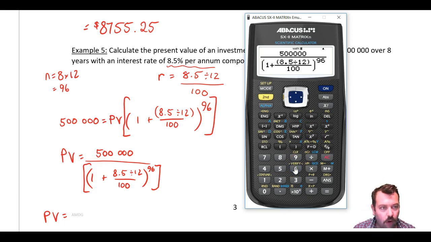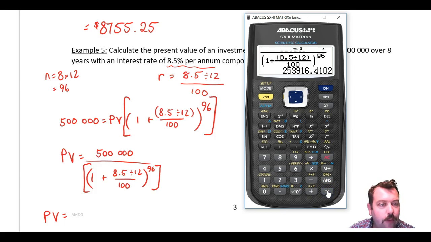You can see there on the screen that what we have here is very much like what we have here. 500,000 over 1 plus 8.5 divided by 12 over 100 to the power of 96. So we just need to press equals, and there we go. $253,916.41.